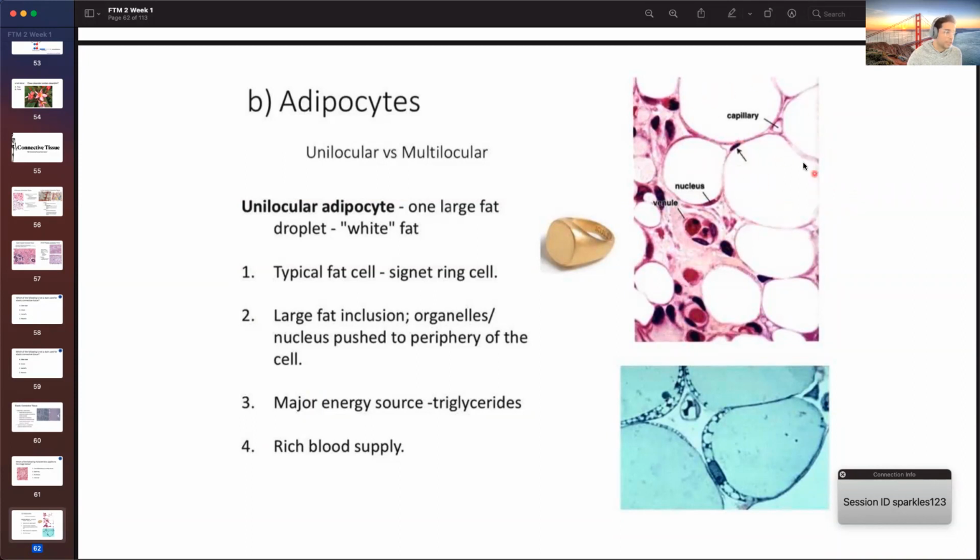So you can imagine these large empty white spaces are perfect examples. Their main energy source is triglycerides, right? We will cover more about those when you make it to term 2. And they have a nice rich blood supply. They will need to because hormones and other things are going to act on adipocytes.